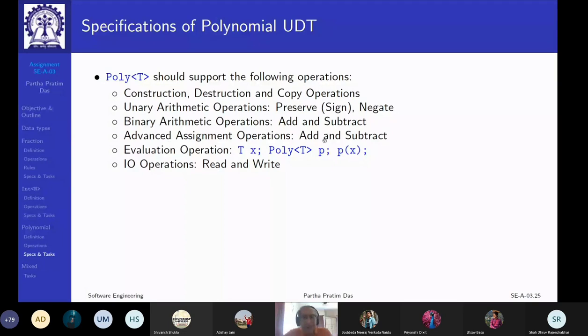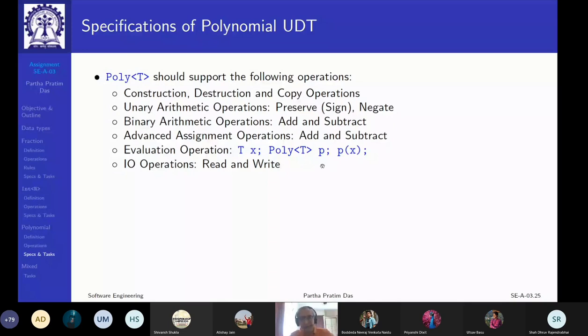And a special operation for polynomial is to evaluate. And this is what I want to do. I do not want an eval member function. So that if I have x of type T and I have p of type poly T, then I do not want to do p dot eval x to evaluate the polynomial.